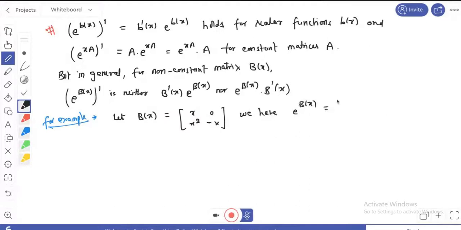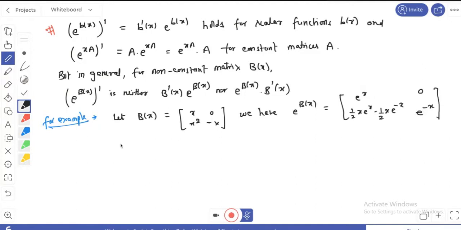So exponential of this matrix is e to the power x, x e to the power x. You can try to find whether this is correct or not. And this is the same example as in the previous example, where we integrate that matrix and we find the exponential of that. So same value we can consider here. So this is e to the power minus x.